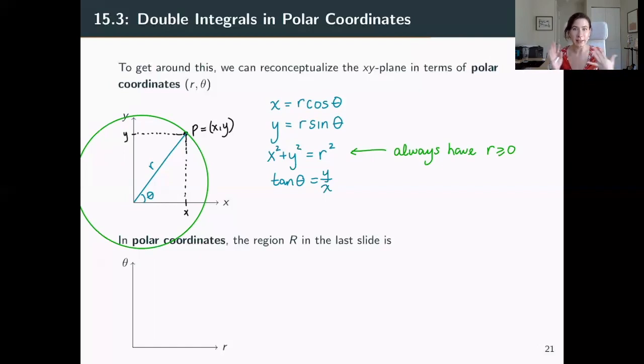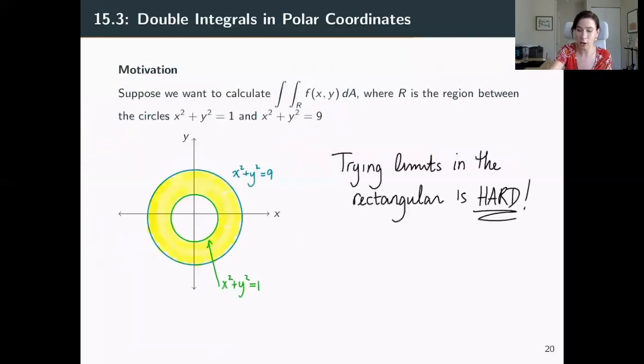We can then take this idea of points, instead of being x comma y, to being these forms to help us rewrite the region on the previous slide in terms of our polar coordinates. So in that case, what we end up having is that the region R is going to be equal to points of the form r comma theta, such that, well, our radius values, if we go back here, are always going to be ranging between 1 and 3.